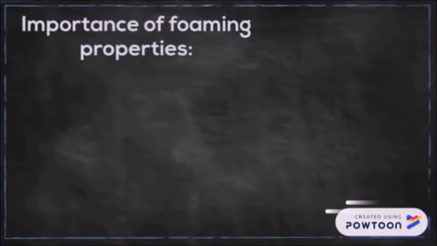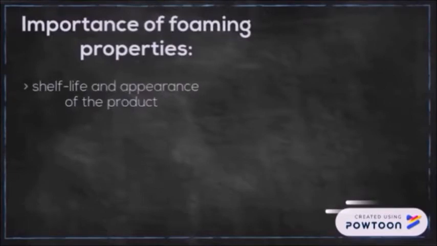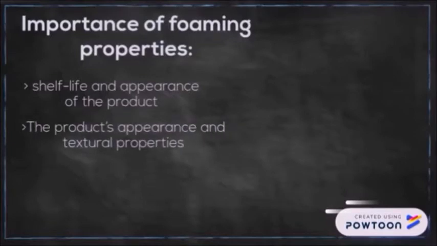Foaming is essentially important for related food products with respect to shelf life and appearance of the product, and must be maintained when subject to process variations such as heating, mixing, and cutting. The product's appearance and textural properties can be influenced by the size distribution of air bubbles in foam.